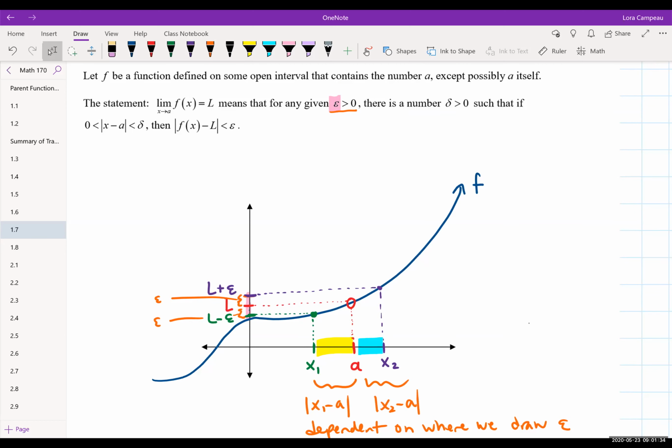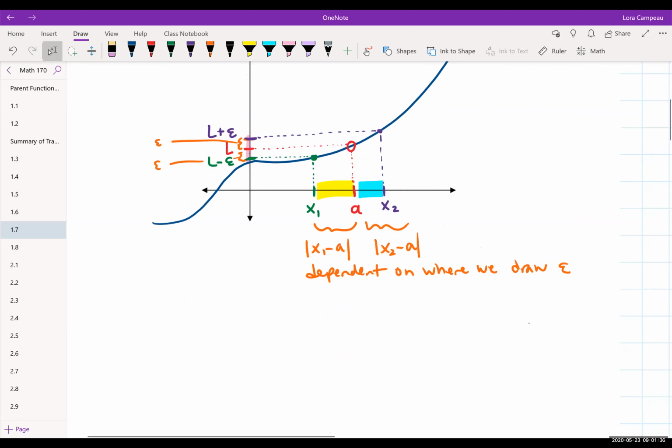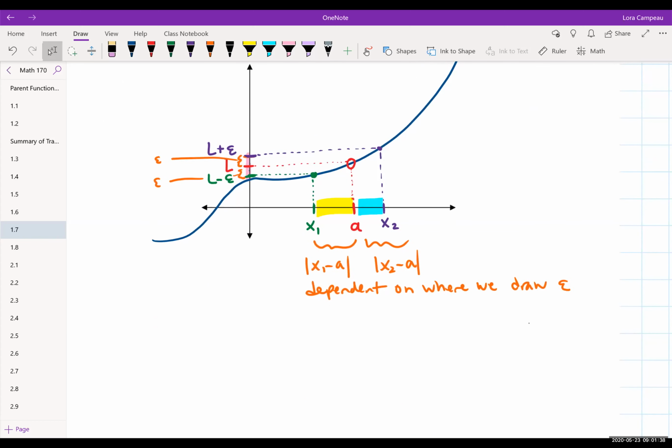And when we did section 1.5, we didn't really define this yet, but we are actually going to refer to these distances on the x-axis as delta. And it happens to be the smaller of the two distances that we just described.